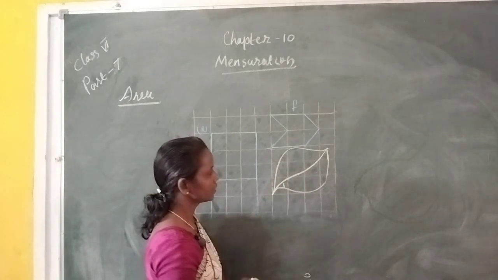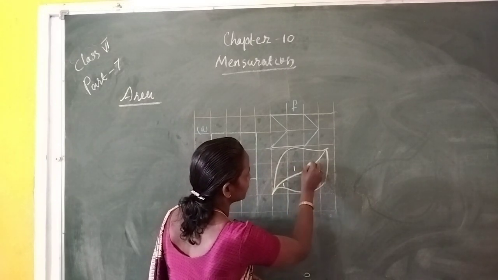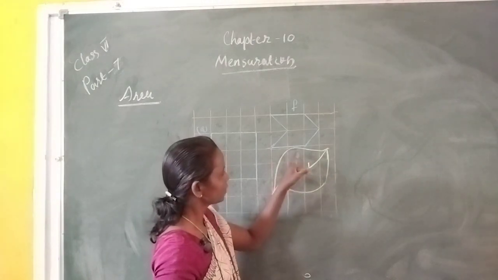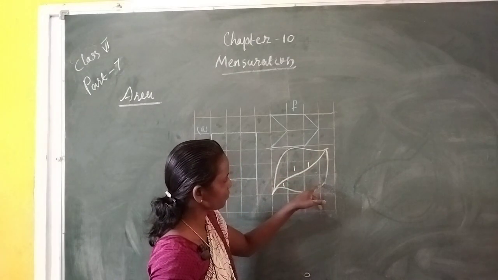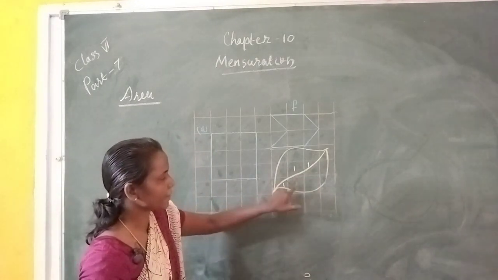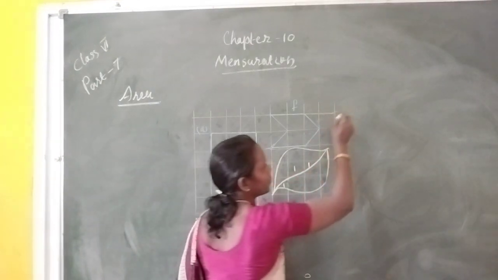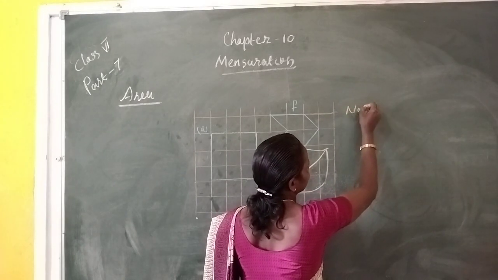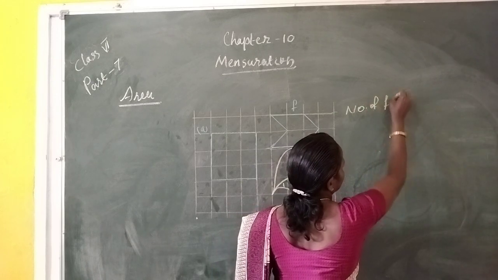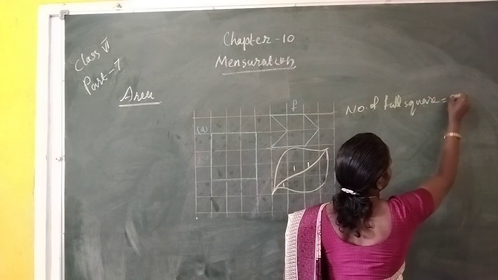Look, this is 1 and this is 2. The balance are less than half or more than half squares. So here there are 2 full squares. The number of full squares is equal to 2.